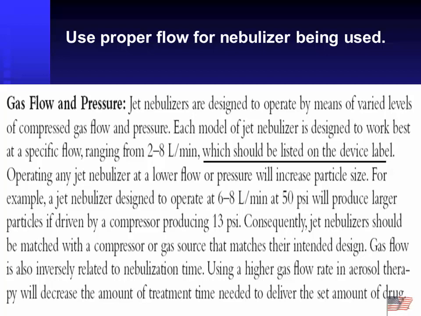So depending upon the model, it'll tell us what flow rate we should end up using. Typically 6 to 8 is where most of them fall. You get above 8 and your therapy is not going to last as long, and you want it to have probably a 10 to 15 minute duration.